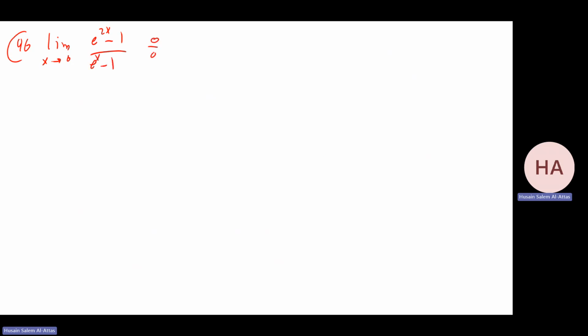Substitute, you're getting 0 over 0. It means you need to factor e to the 2x minus 1 as (e to the x minus 1)(e to the x plus 1). Cancel this. Substitute e to the power 0, which is 1, 1 plus 1, 2.